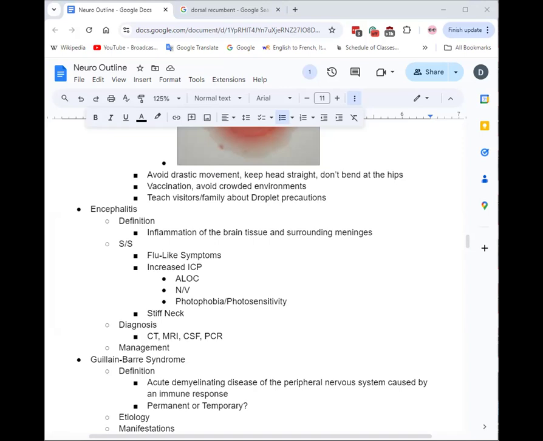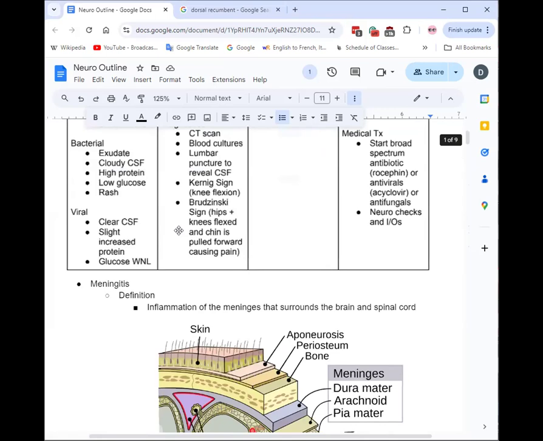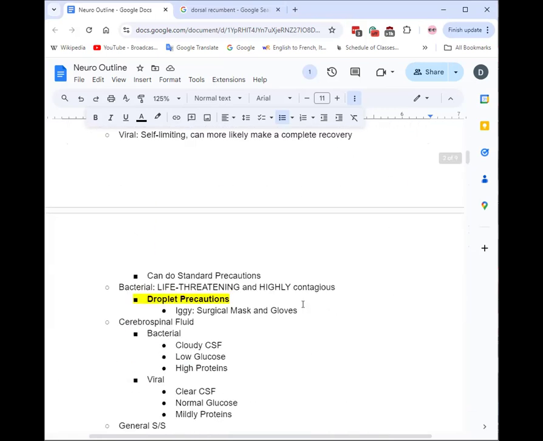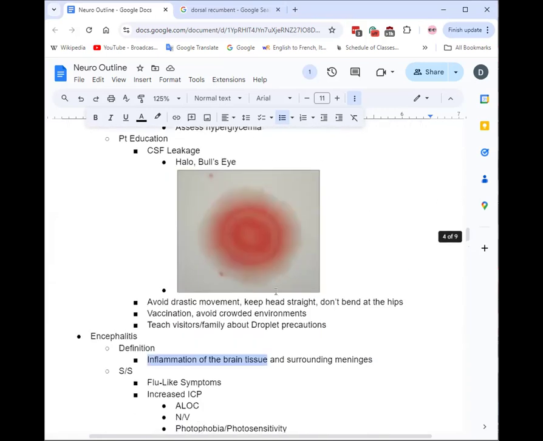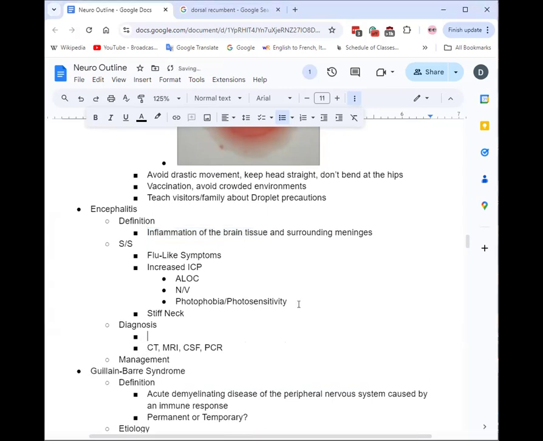Based off the symptoms and the definition, you have inflammation of the meninges and inflammation of the brain tissue. With meningitis, the inflammation on the meninges can cause pressure on the brain, but this will have direct pressure on the brain. It's typically diagnosed from your clinical history and manifestations.